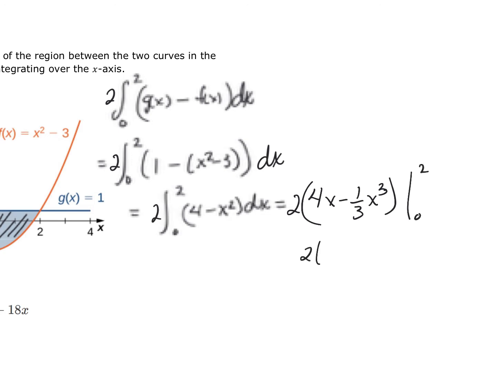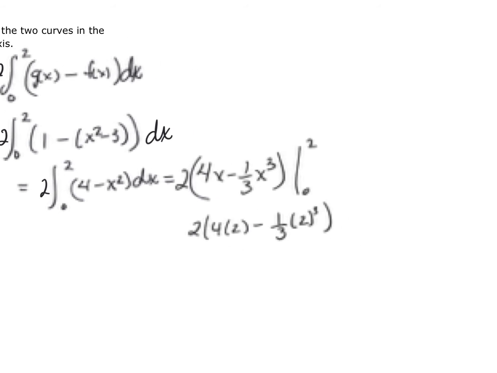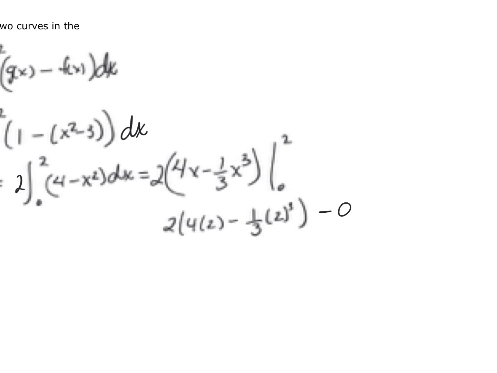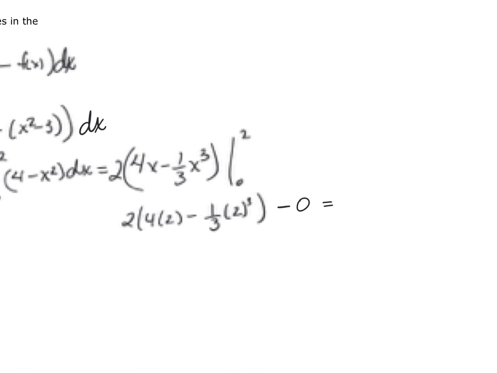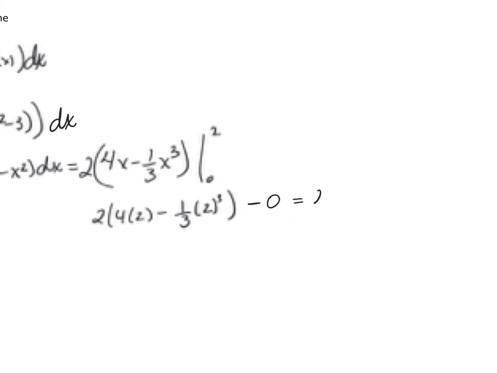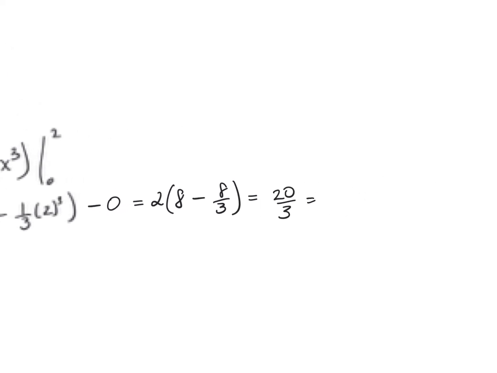So I have 2 multiplied by 4 multiplied by 2 minus 1/3 multiplied by 2 raised to the 3rd, and then minus 0. That's kind of nice. So I end up with 2 multiplied by 8 minus 8/3, and my final answer is 20 over 3, or 10 2/3, or 10.6 repeating.